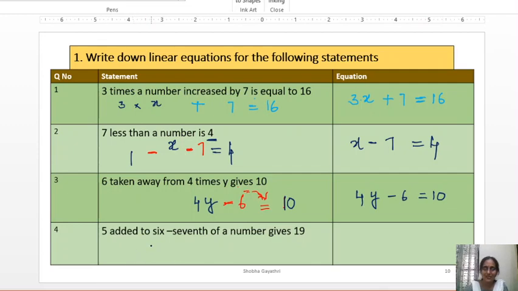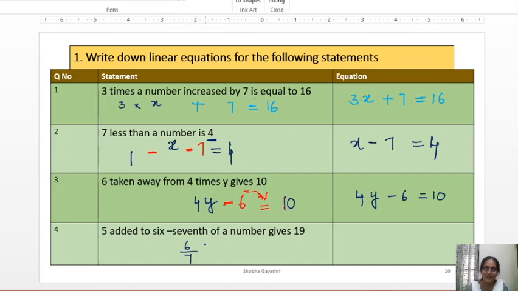5 added to 6 7ths of a number gives 19. 5 added means, in addition statements it's very easy. In subtraction statements you have to be a little bit careful to write down the equation. Now 6 sevenths of a number. What do you mean by 6 7th? 6 by 7.